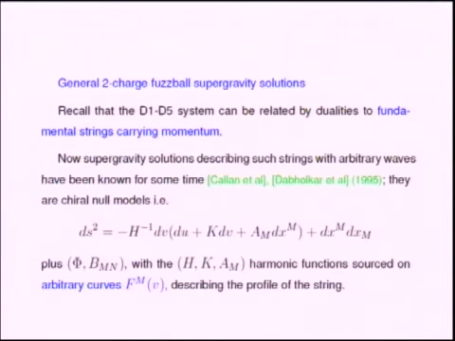It's characterized by three functions, H, K, and A, which are also harmonic functions, plus there's a dilaton, and then there's a B field which matches this term. So this is a chiral null model. It's characterized by harmonic functions which are sourced on arbitrary null curves, and these curves describe the profile of the string. So I can choose an arbitrary profile of the string and I get a different supergravity solution. So I have families of different supergravity solutions.